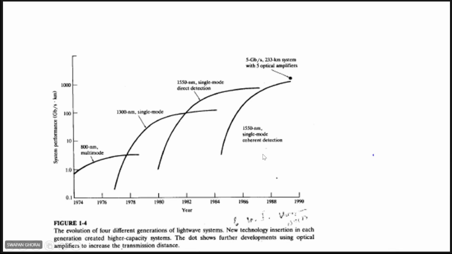And if you see the different generations of optical fiber systems, initially it started with 800 nanometers with multimode fibers, and the data rate was around 90 Mbps. Maximum you can have 100 Mbps in this range, right?